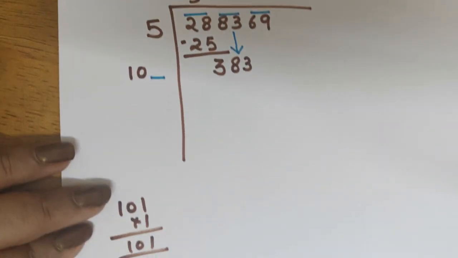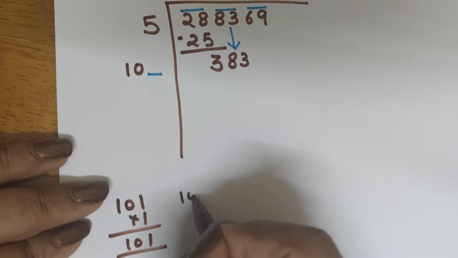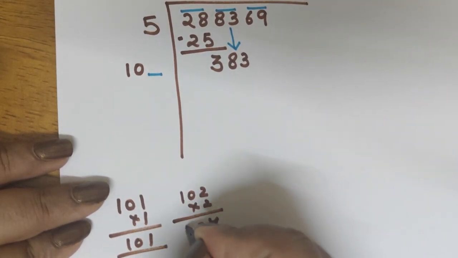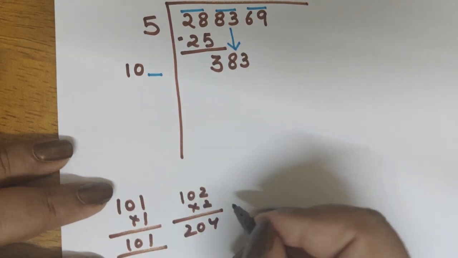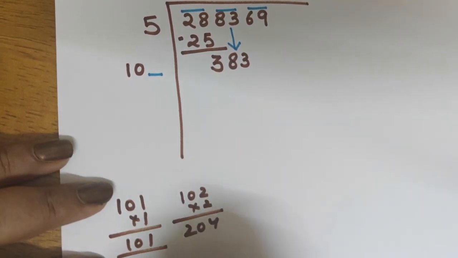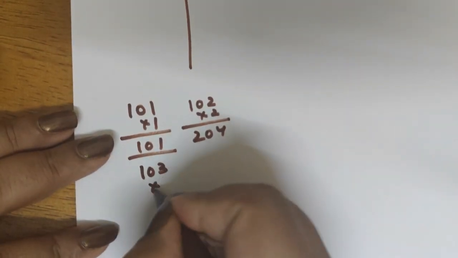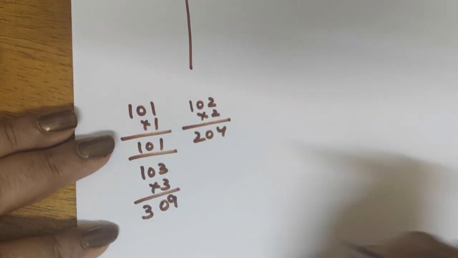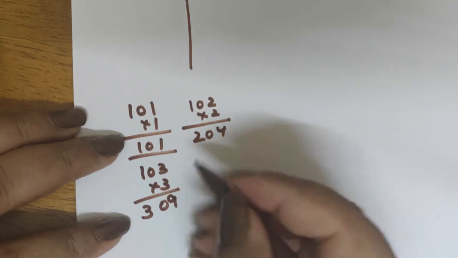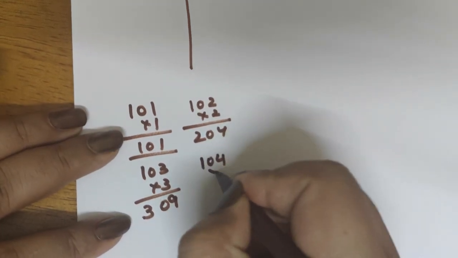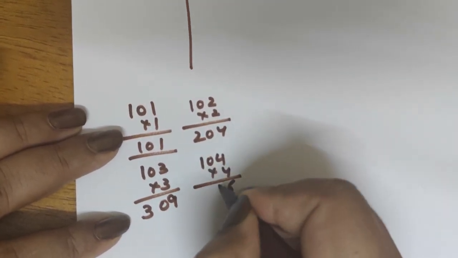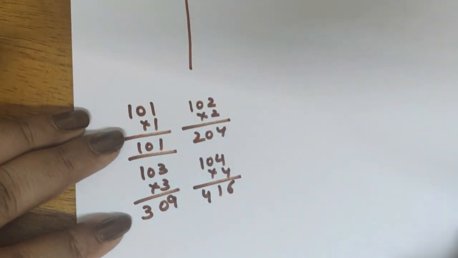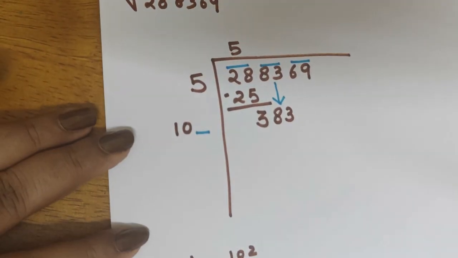Let's start with 2. Let's pick 3. This is very close, but let's try 4 once. This is greater. So we will pick 3.